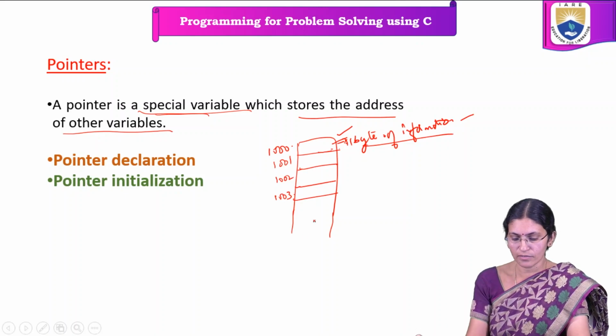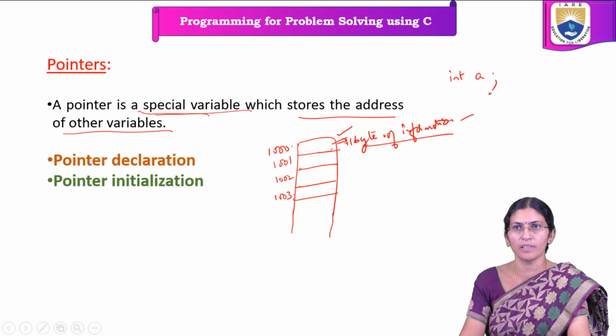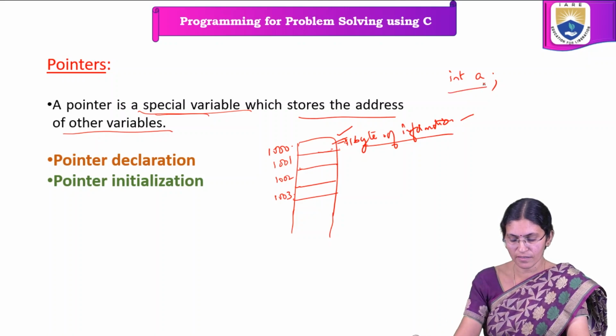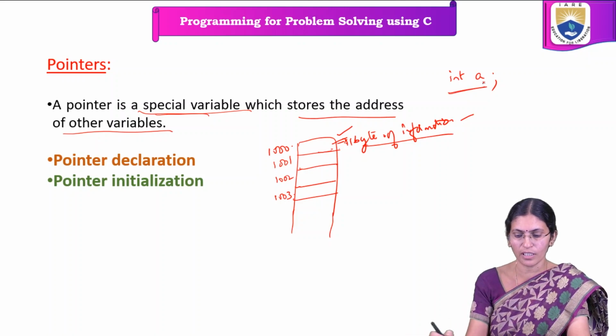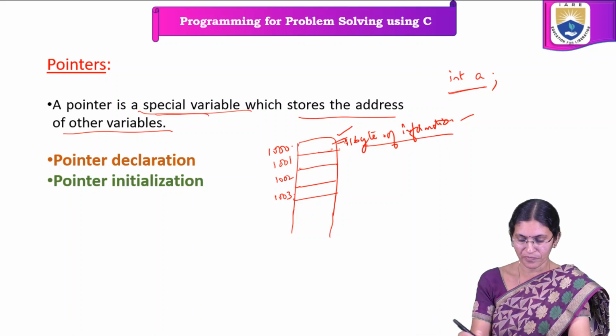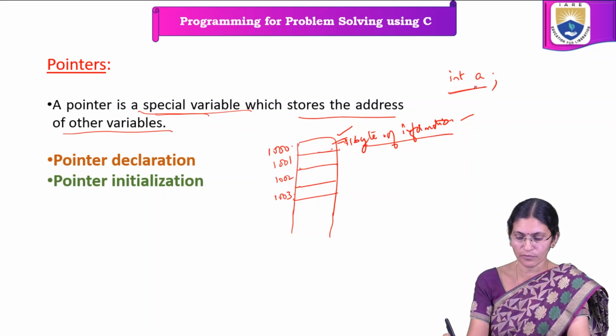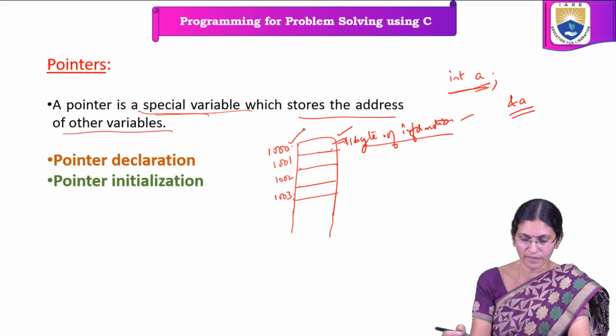Suppose we declare an integer variable a. In the program, this will instruct the compiler to allocate 4 bytes of memory for this integer variable a. If you refer to the address of a, we get the base address.